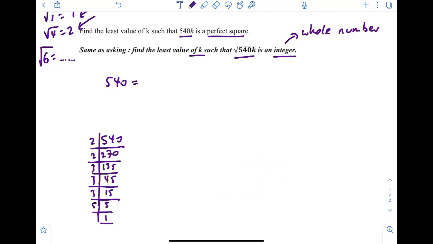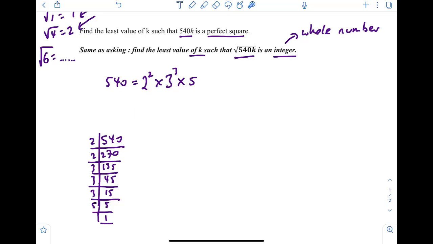So 540 will be 2 squared times 3 cubed times 5. Let's check whether it's correct. Press the calculator: 2 squared times 3 cubed times 5. Indeed, we get 540.